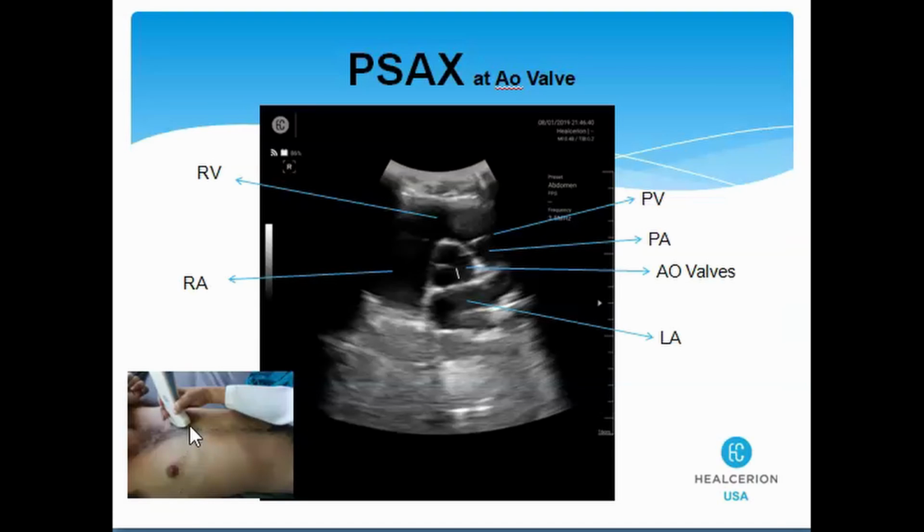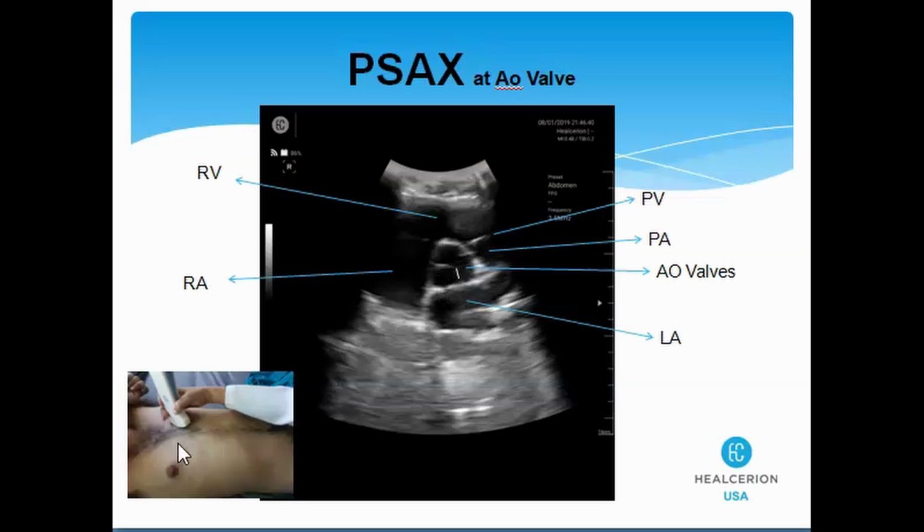Now, keeping your hand in the same plane, if you move your probe a little bit more towards the patient's head, you can see the mitral valve at the papillary level, and also the short axis view at the level of the aorta.